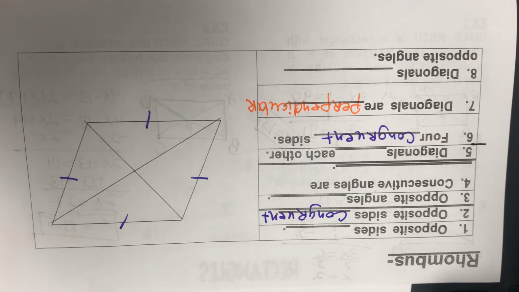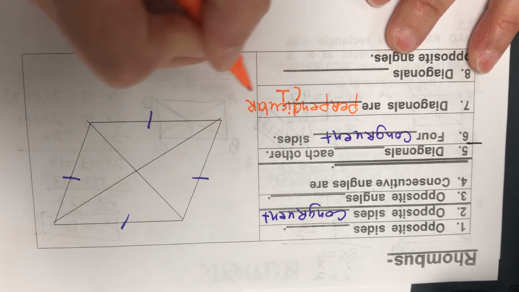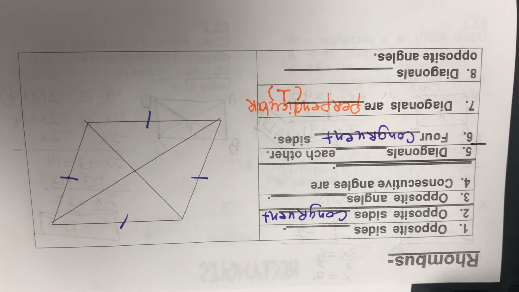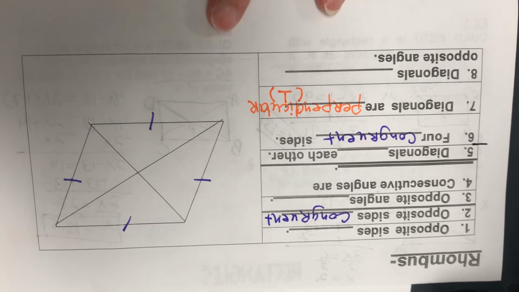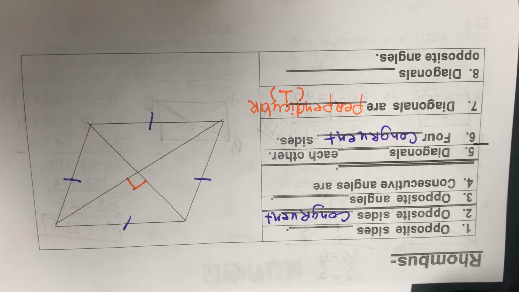The symbol for perpendicular is this capital upside down T. Hopefully you remember what perpendicular means. They intersect to form a right angle. So inside of our rhombus, we have 4 right triangles. That's going to come into play later in some of our problems. Diagonals are perpendicular.